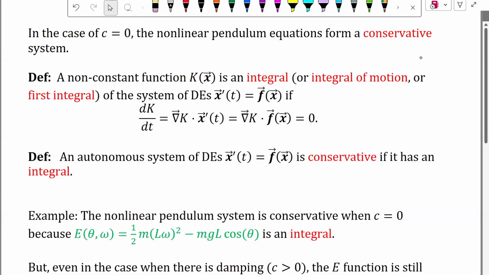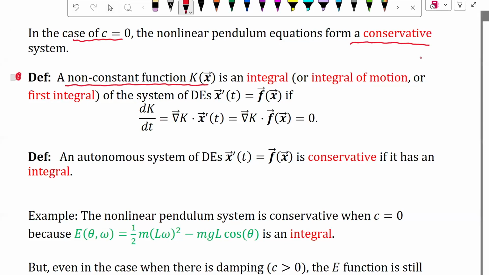In the case of no damping, the nonlinear pendulum equations form a conservative system. Let's define the integral, or integral of motion, or first integral. That will be a non-constant function, capital K, a function of our ODE solution vector x, such that the total derivative of K equals 0.